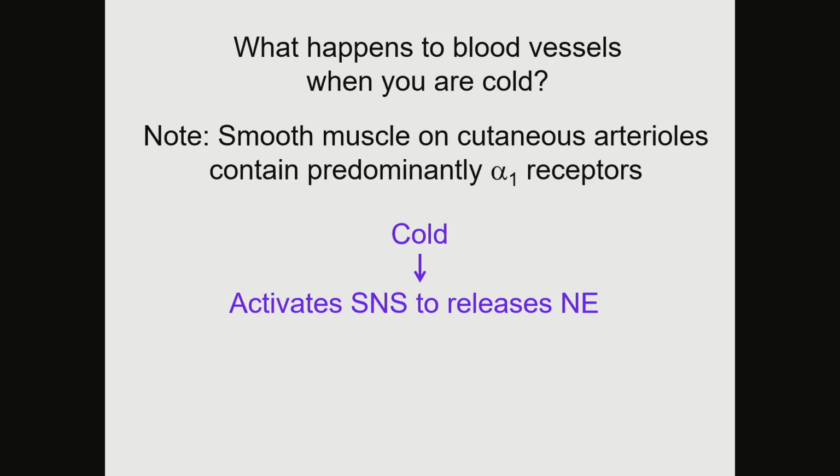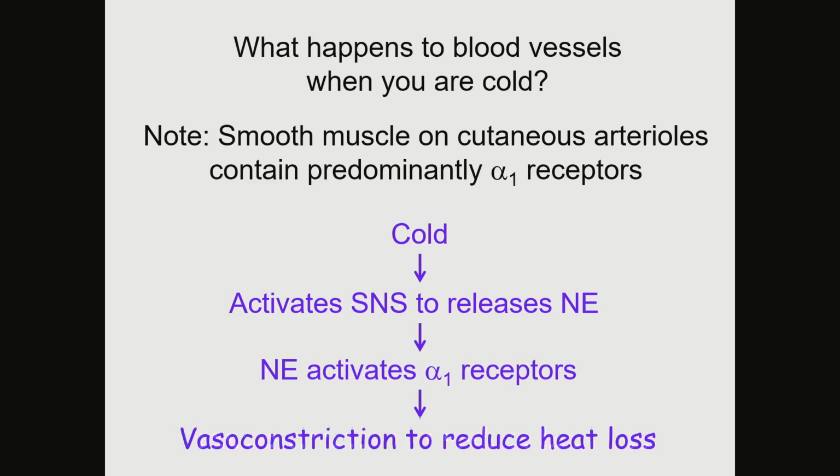So cold activates sympathetics to release norepi, which activates alpha-1s, causing vasoconstriction, and that reduces our heat loss. If I have less blood going to my skin, I don't have as much heat to lose from my body.